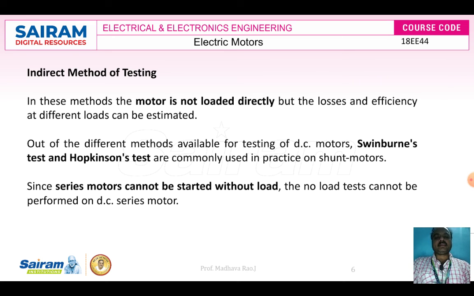Series motors cannot be started without load, so series motors always need to be started with load. That is why, to test a series motor, we apply the load. If you start a series motor without load, it will run at a dangerous speed, and the windings of the series motor will get damaged. To avoid damage, we use load before starting the series motor.